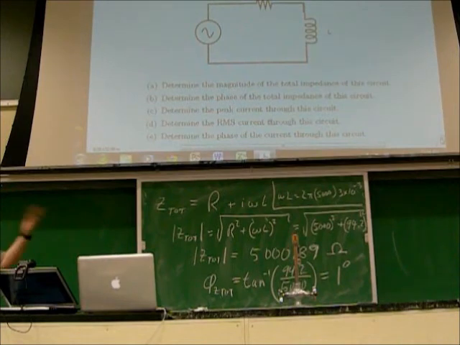If the R wins, the phase is nearly zero. If the omega L wins, the phase is nearly 90. By having an R of 5,000 and an omega L of only 94, the R wins. The phase is only 1 degree, and the entire impedance is 5,000.89 ohms, just barely higher than if the inductor wasn't even there, and just barely off from being current and voltage in phase with each other.